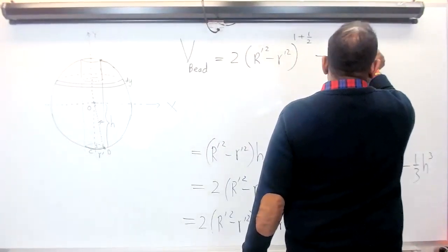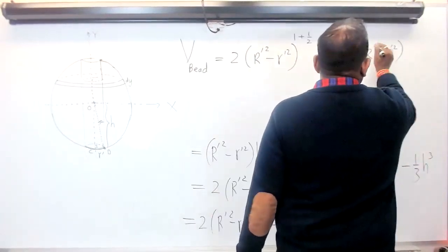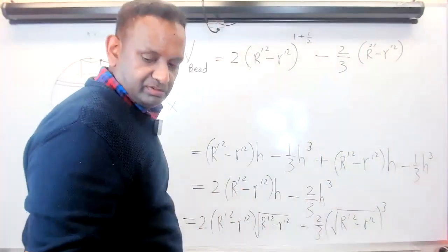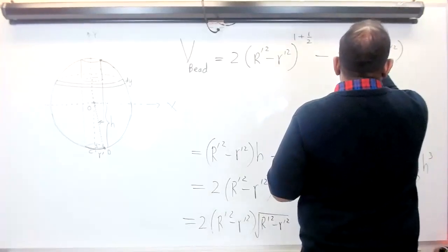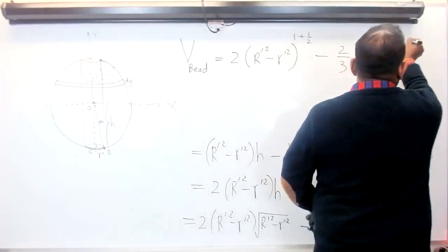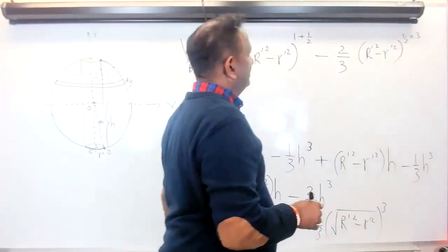Same thing, r prime minus this one squared. See here 1/2 times 3 on the top.